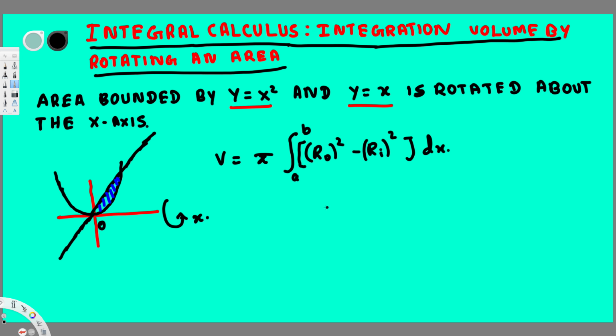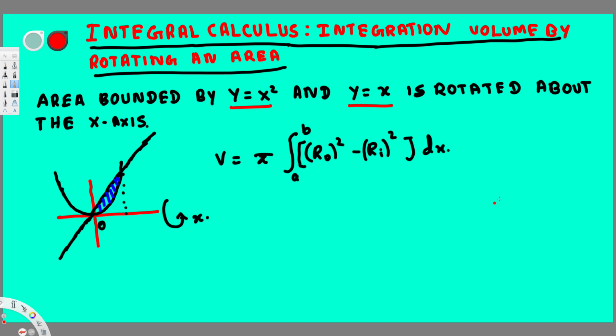So let's go ahead and find these limits of integration first. We know this is starting from 0, and we have to know this value, this touching place. To find that, we have to equate these two equations to find the location.